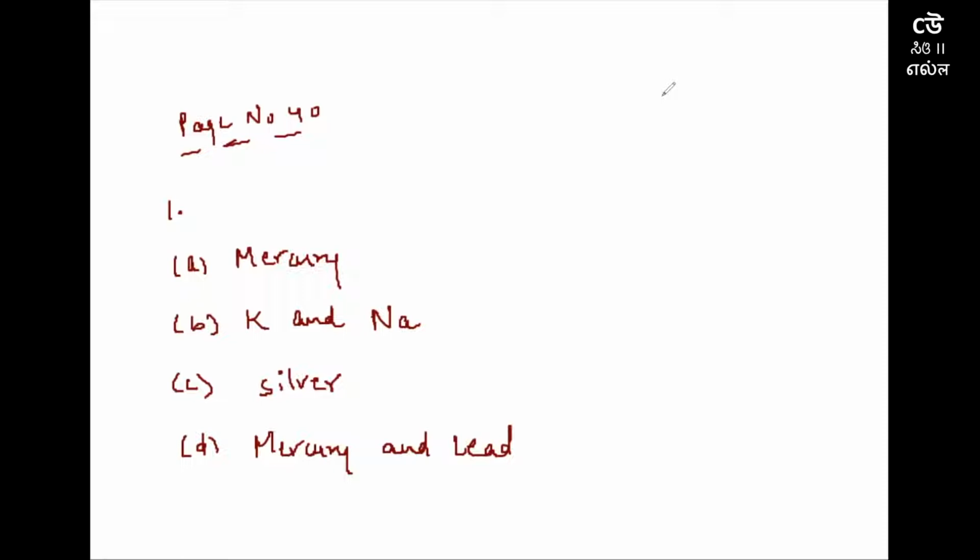Moving on to the next question, we have to explain the meaning of malleable and ductile. While we were covering physical properties of metals, we learned that metals are malleable, and at the same time they are ductile as well.